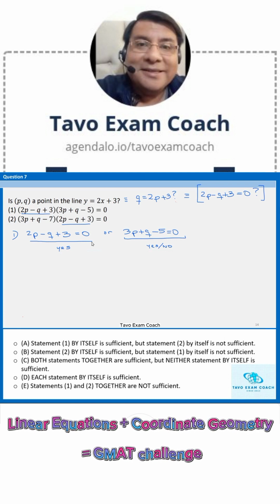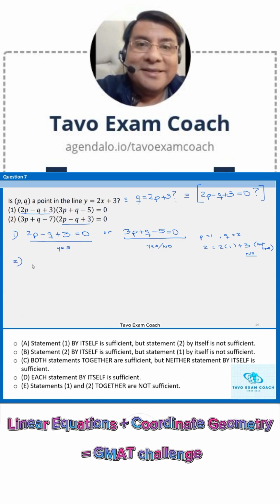Example, p equal to 1 and q equal to 2. 3 times 1 plus 2 minus 5 equals 0, but when you insert this in the equation above, 2 equals 2 times 1 plus 3 is not true. So that means a negative answer to the question. Okay, so we are verifying that there are two possible answers. Statement 1 alone is not sufficient.